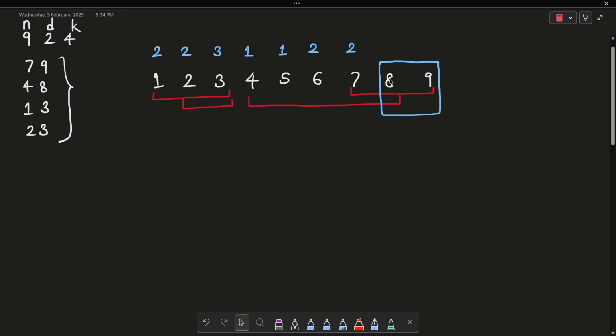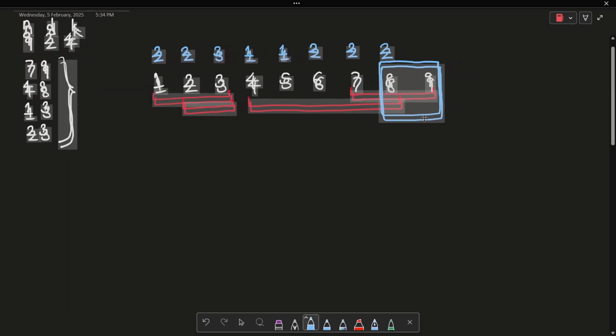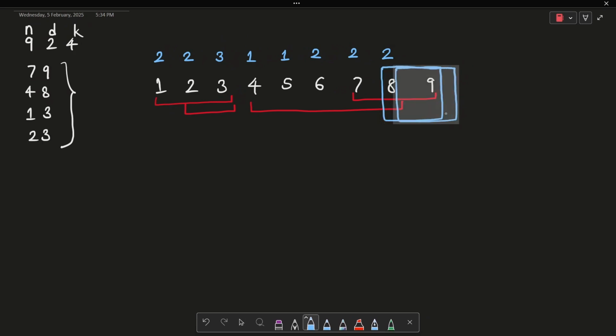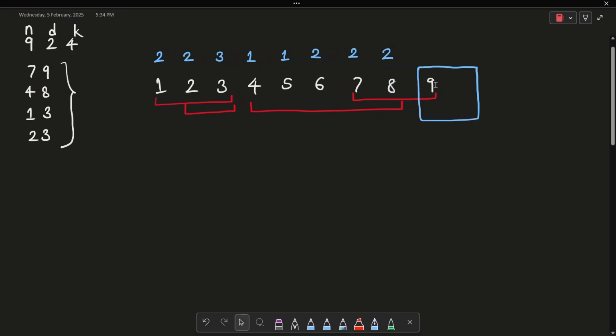For 8 and 9, I have 2 distinct jobs again, so I'll write here 2. Now if we move further, we'll have just 1 day, but the visit has to be of exactly D days. So obviously we cannot take that as our answer.